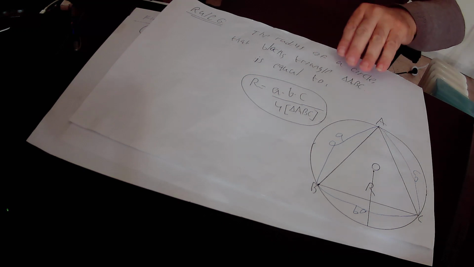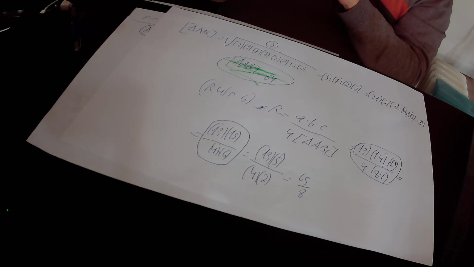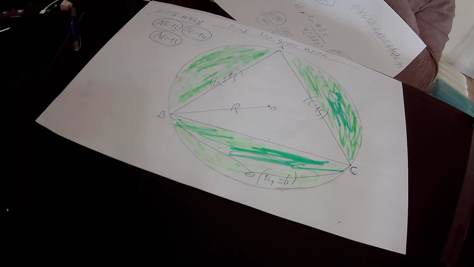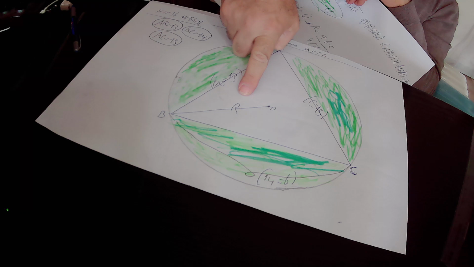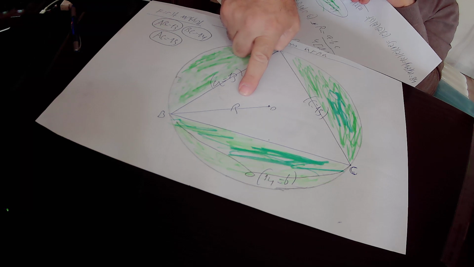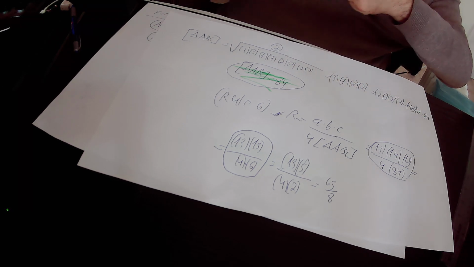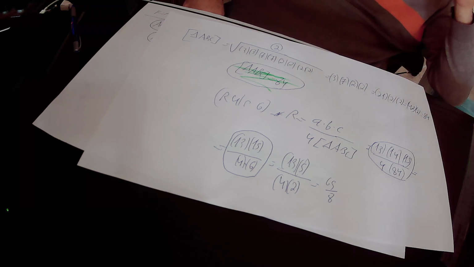We can actually implement rule number 6 in our drawing. Why? Because in our drawing we have a circle that blocks triangle ABC. We define the radius of this circle as R, so the radius R, according to rule number 6, must be equal to A times B times C, the multiplication of the side lengths of the triangle that is blocked by the circle, over 4 times the area of triangle ABC.